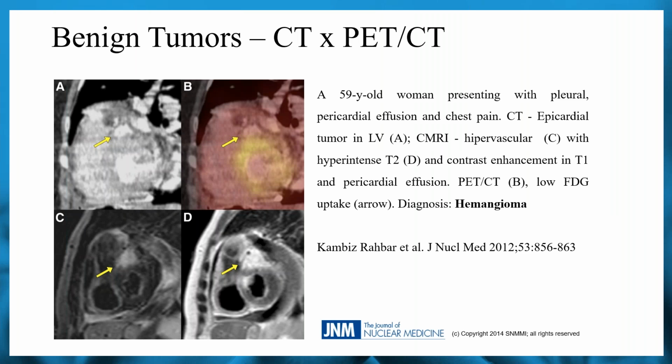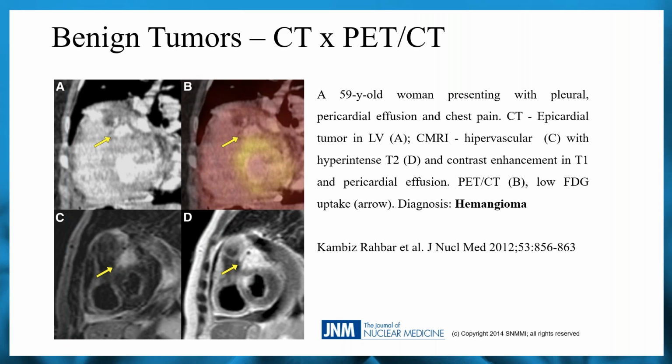Here we have an example of how the PET-CT complemented and helped the differential diagnosis of a cardiac mass. This 59-year-old woman, presenting with pericardial and pleural effusion and chest pain, had a tumor shown in the computed tomography and the MRI with malignant characteristics.